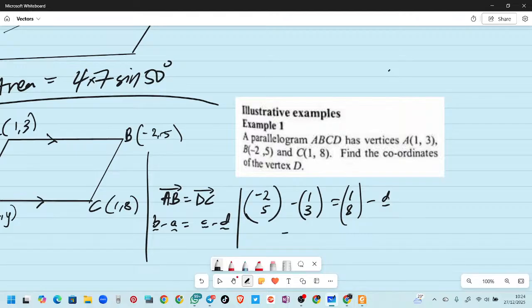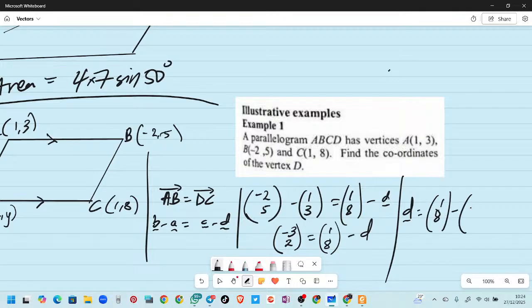Okay. So this becomes negative 3, 2 equals 1, 8 minus D. We want to make D the subject, so the D will move, becoming D equals 1, 8 minus negative 3, 2.